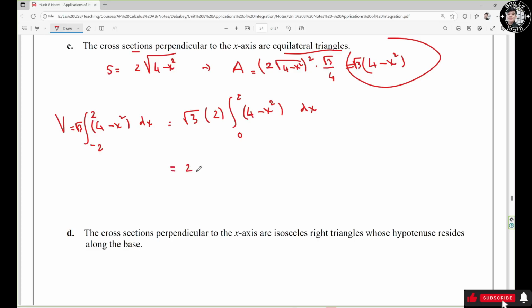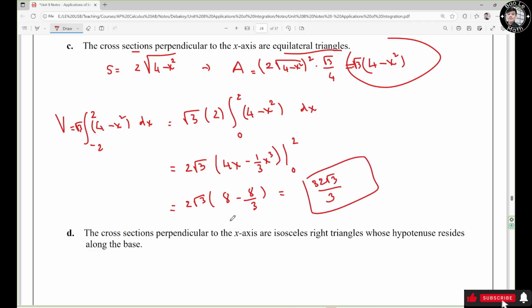So it could be 2 root 3. The antiderivative of 4 is going to be 4s. The antiderivative of this one is going to be 1/3 s cubed, evaluated from 0 to 2. Substitute 2 for s, it is going to be 2 root 3 times 8 minus 8 over 3. Substitute 0 for s, it is going to be 0, right? So the final answer is 32 root 3 over 3, right?